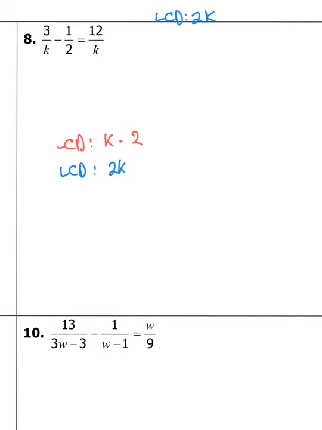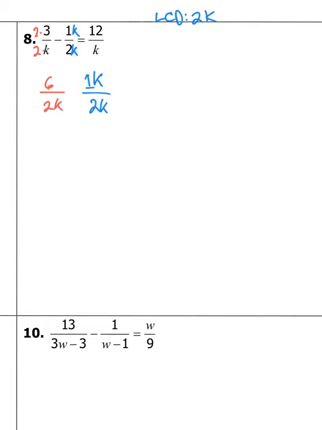My goal now is to get the LCD for each of these denominators. So I would have to multiply this by 2, so I have to multiply the top by 2. I would have to multiply this by k, which means I have to multiply the top by k. So 1k over 2k, with subtraction going on between them.